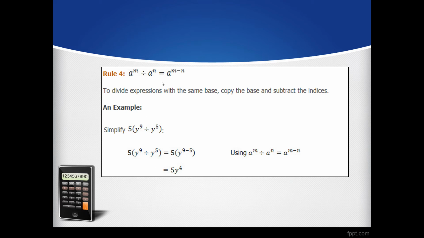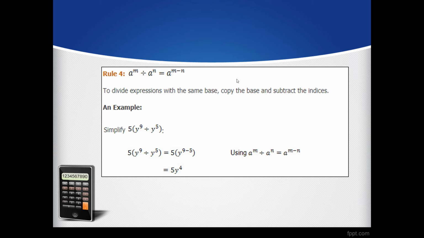Okay, so you can divide if they have the same base. Let's say, same as earlier, for example, 5x^6 divided by x^7, same base.